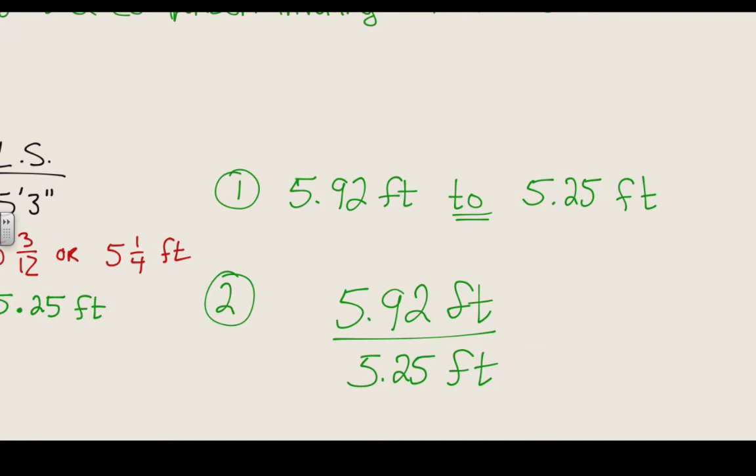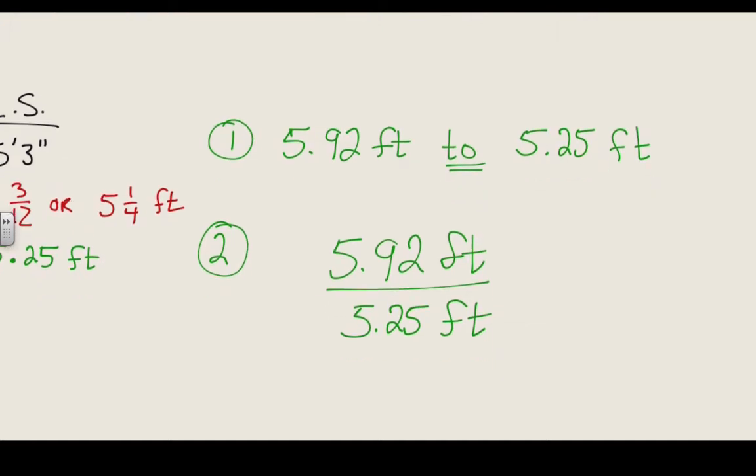It's not a rate because why? It's the same units. So I'm going to make a little note here. This is not a rate. Okay, this would be just a regular old ratio, a regular comparison. Had it been feet to inches, it would have been a rate. But it's not.